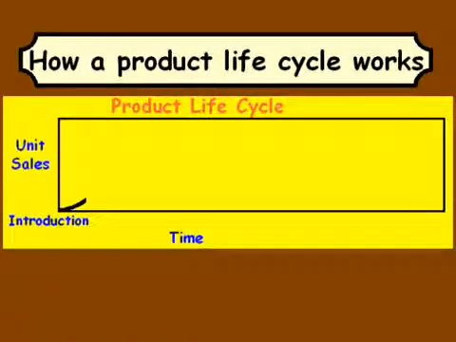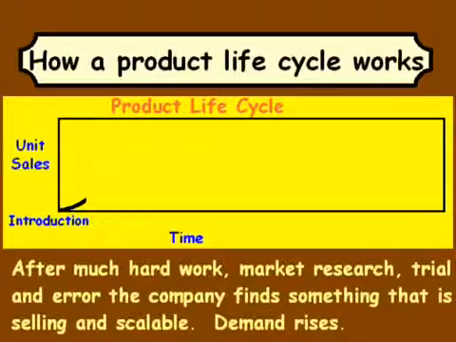Now, to start off, there is the introduction stage, and that is after much hard work, market research, trial and error, the company or individual finds something that is actually selling, and it's scalable, meaning you can mass produce, drive the cost down, and keep your profits going, and that's because demand is rising.